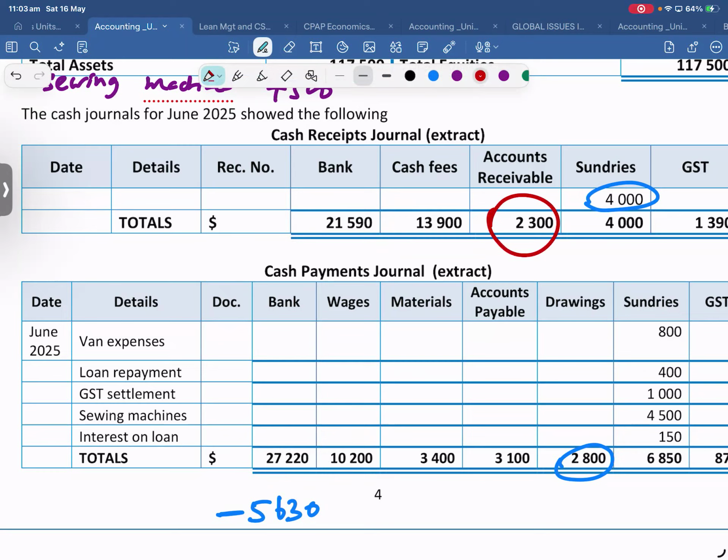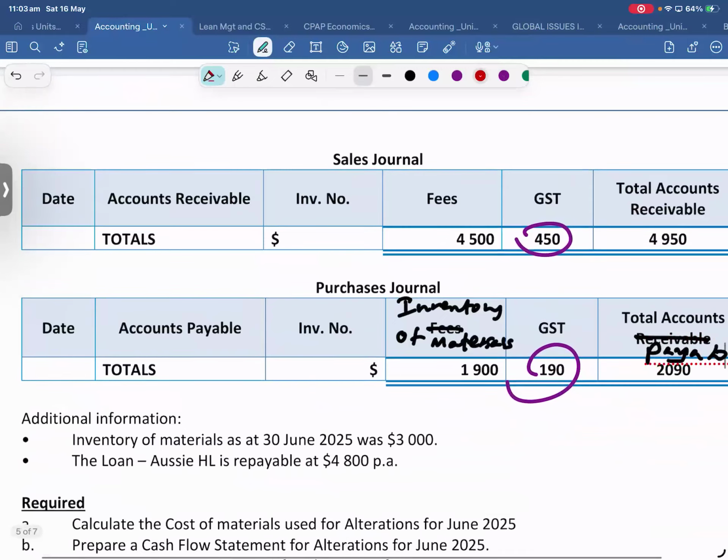That means still your point is valid. Why? Because how much was our credit sales? 4,500. That means we have made a bigger sale on credit than we received from our accounts receivable. So still your point is correct. Good. What else?